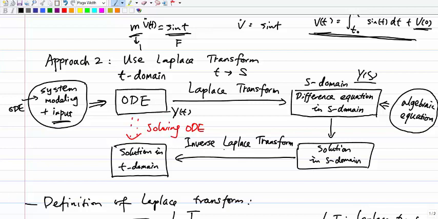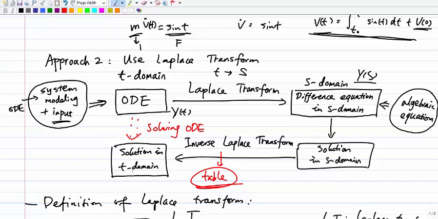I'll talk about the inverse Laplace transform also in a later part. What it does is a computation to go back. A lot of times you don't even have to compute this. Many times there's a table we can look up, and we'll talk about it. If you give specific forms, it will directly tell you the solution in the time domain.